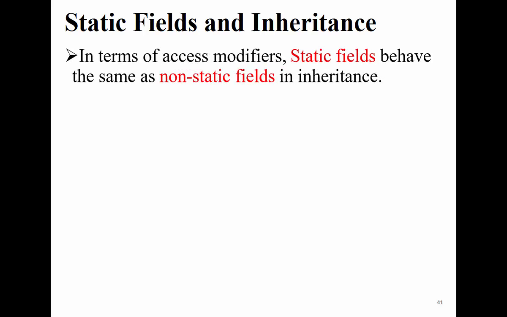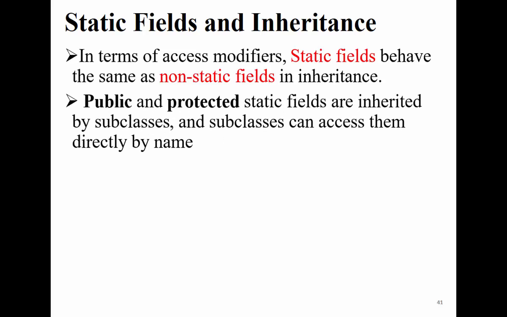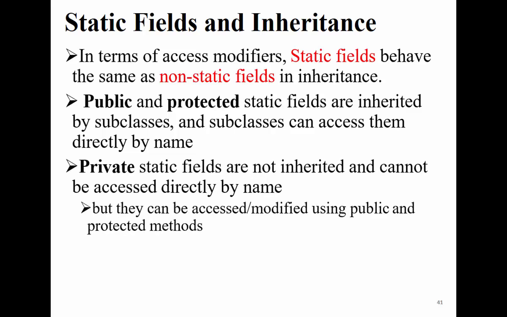So the static fields, regarding the access modifiers public, protected, private, work the same as non-static fields. So the public and protected static fields are inherited by the subclass. The subclass can access these static fields directly, but private static fields are not inherited.